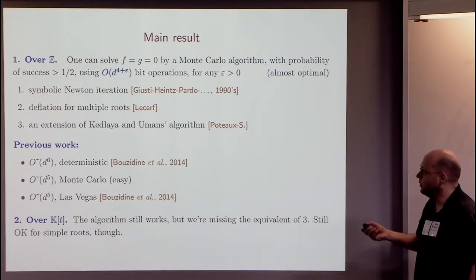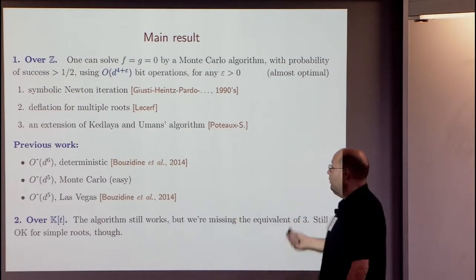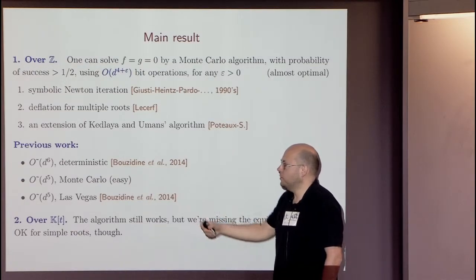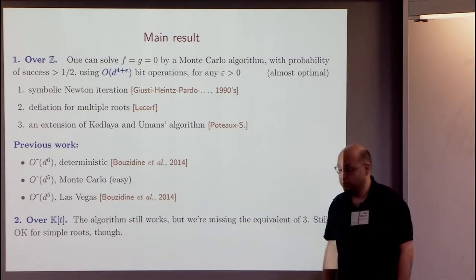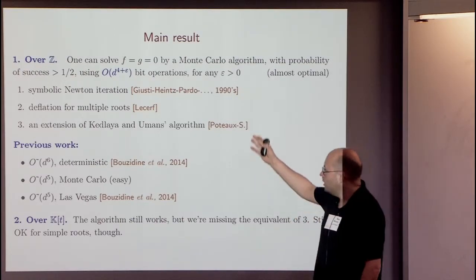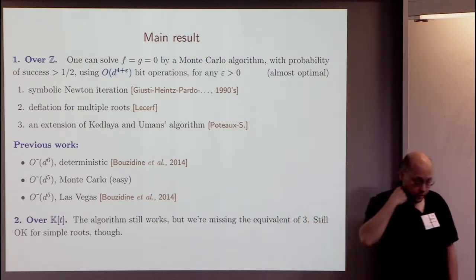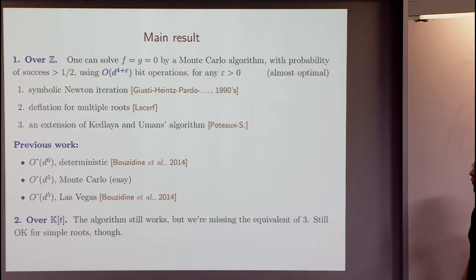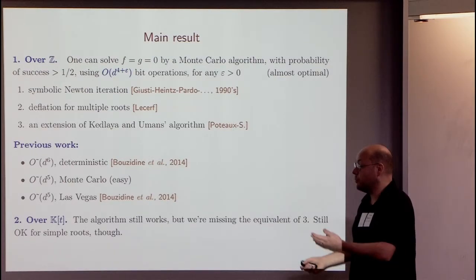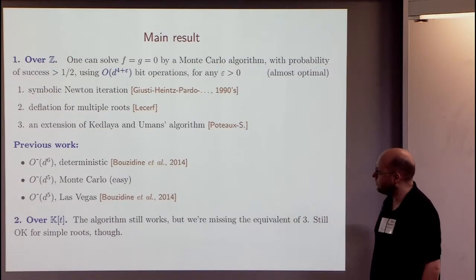So using symbolic Newton iteration, that's an old idea for polynomial system solving, from the 80s or 90s. I'll have to take care of multiple roots, if there are multiple roots, by using a deflation algorithm, in that case the one due to Lecerf. And the slightly new ingredient here, in order to make this work, is an algorithm due to Kedlaya and Umans, introduced 4 years ago now, that they used for factoring polynomials, for instance. And here, it turns out it also can be useful in other contexts.